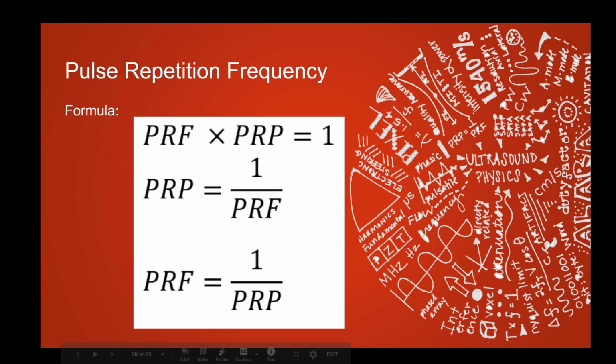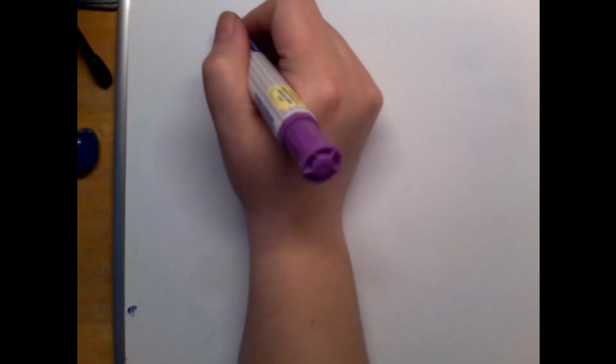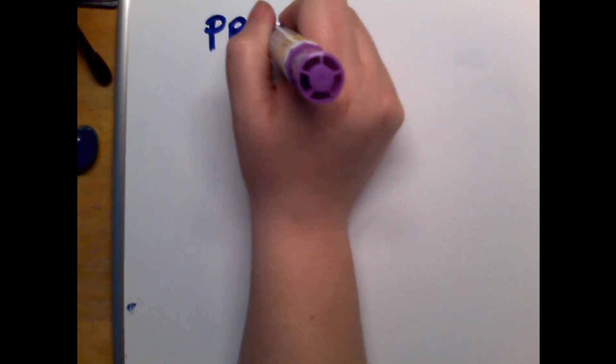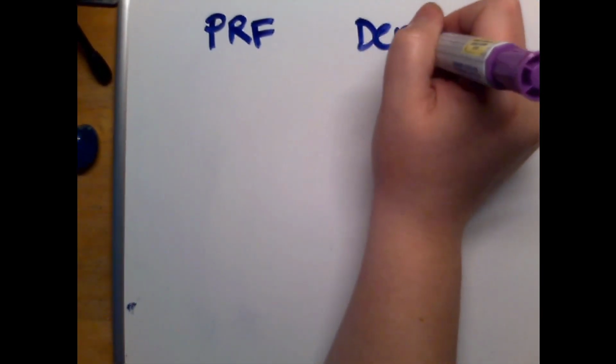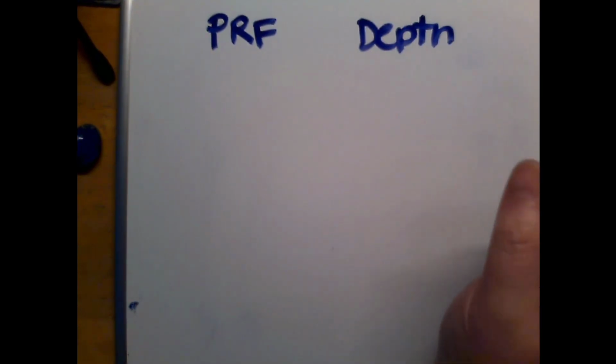So let's take a look at that again drawn out. Adjust this here. Give myself a little more room. All right, so we were saying that PRF and depth are inversely related.